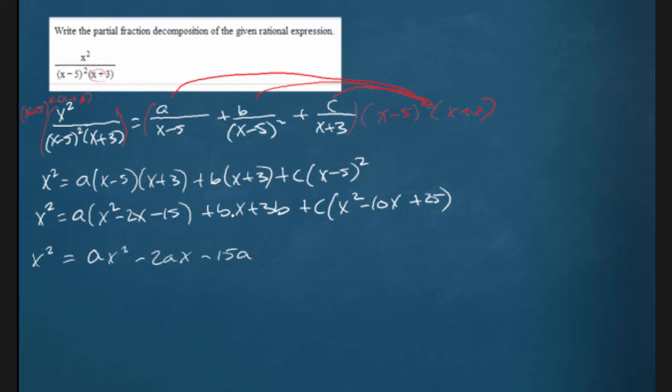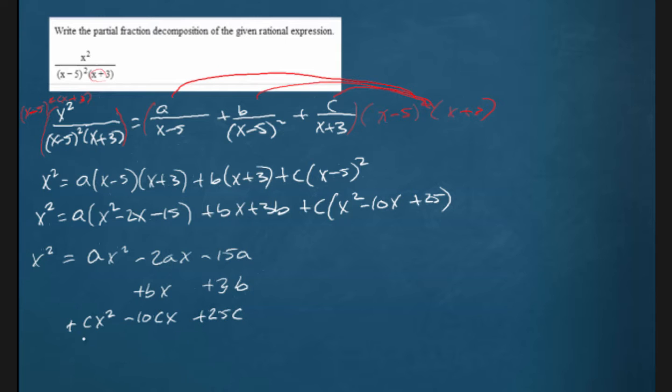So in other words, we'll have B times (x plus 3), which is Bx plus 3B. I'm going to put the Bx here with the minus 2Ax, and then the plus 3B with the constant minus 15A. I'll do the same thing when I multiply through by C. So we'll have plus Cx squared minus 10Cx plus 25C.